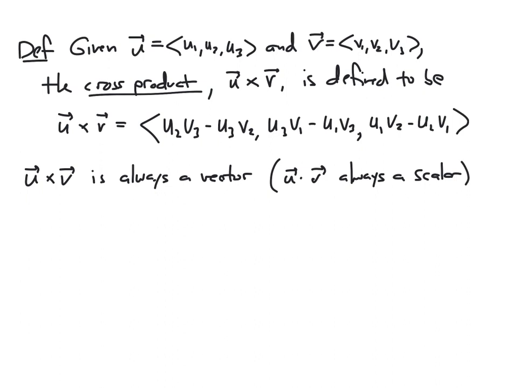So these two different products are very different operations. Not only are they defined differently, but they produce very different objects. One produces a number, and the other produces a vector.